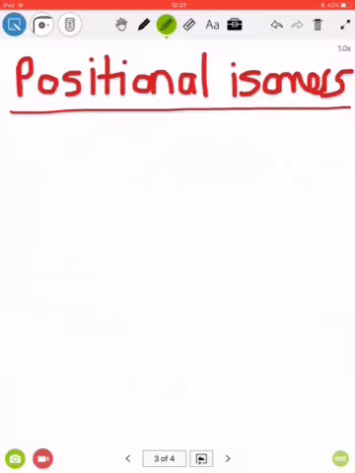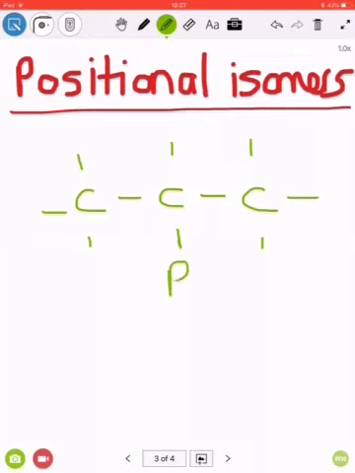Then for positional isomers, we can use a molecule again. So let's say that is our molecule, and we have a haloalkane. So let's put our bromine there. So there's a bromine there, and if I name this, it will then be 2, because it's on the second carbon, bromo.